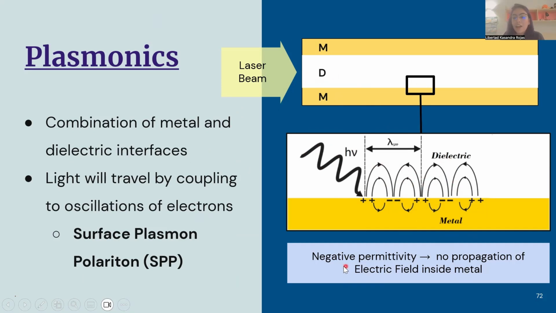That is because metals have negative permittivity, which means that there can be no propagation of the electric field inside the metal. Okay, so when the electric field tries to propagate, it's going to be quickly attenuated. Okay, now when we couple that to our surface plasmons, we have what are known as surface plasmon polaritons. Okay, so that is how light is traveling in our plasmonic waveguides.